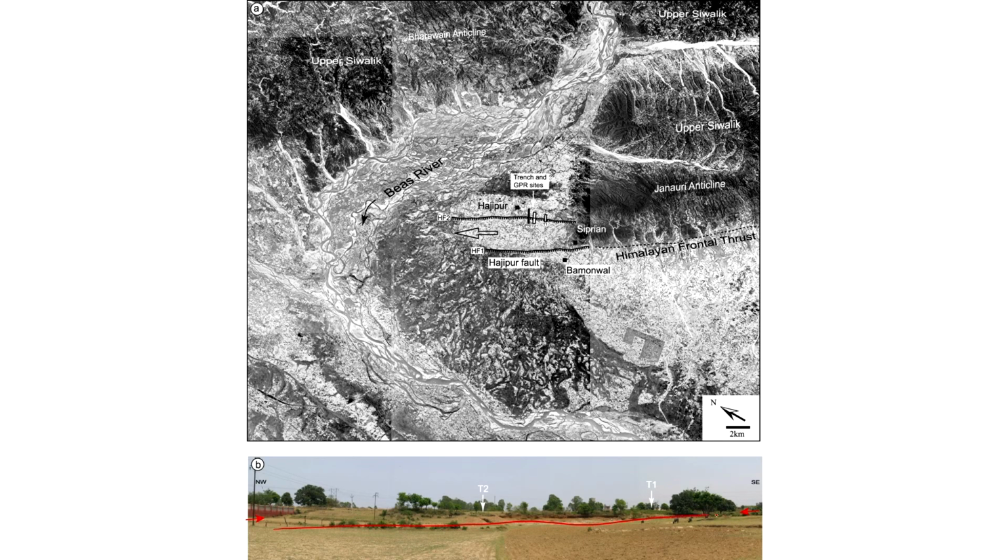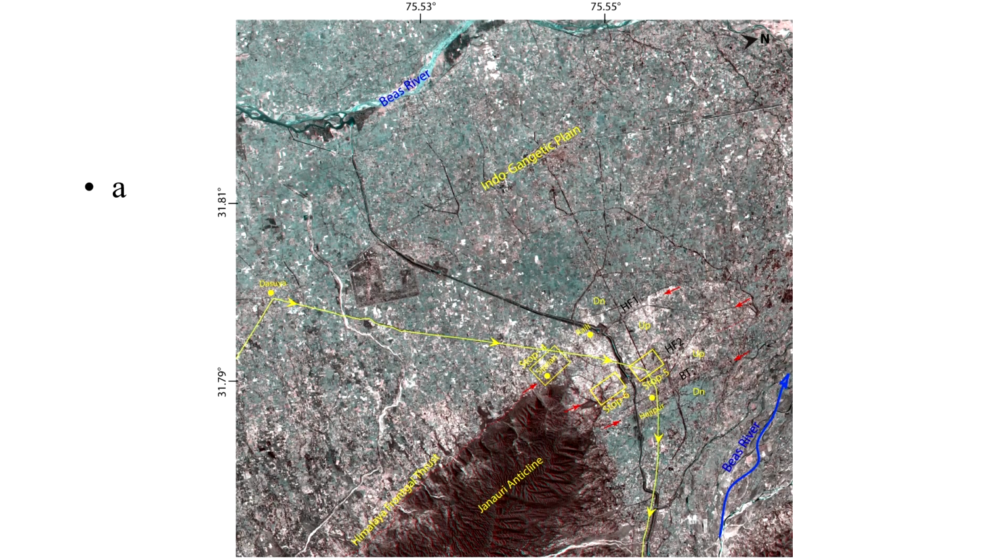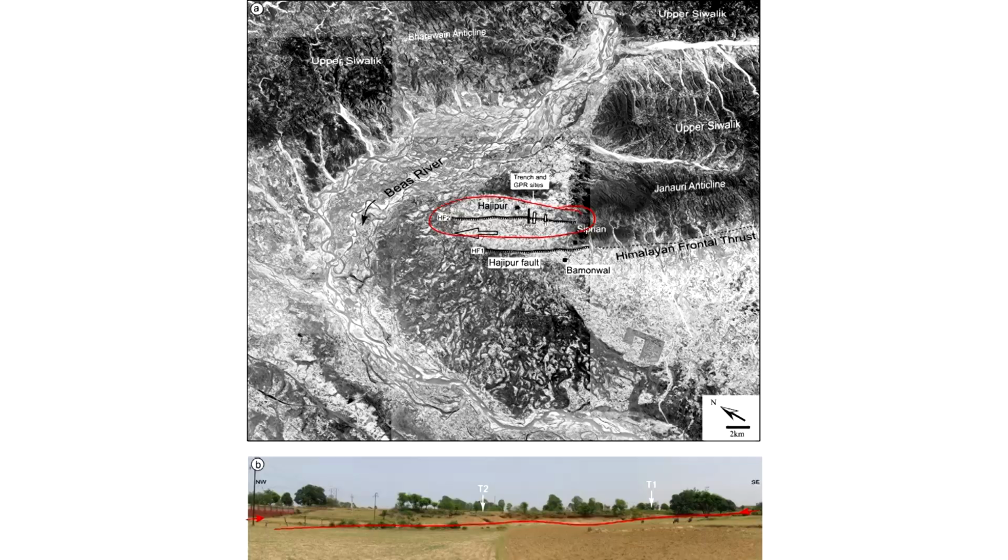Okay, so the fault runs somewhere over here, and this is the fault expression which we see on the satellite photos. Again, as I told, in 2D you will not be able to identify the elevation variation of the landforms, and if you look at here, this area looks very flat.